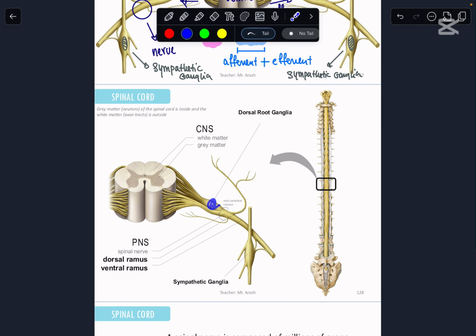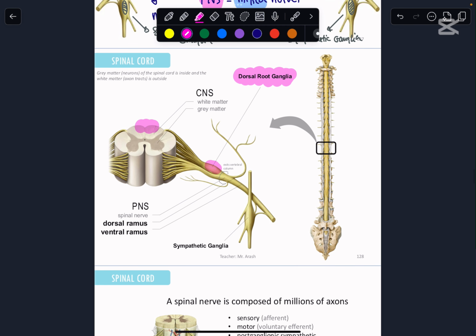First of all, as you can see, they're showing a dorsal root ganglia here, which I already did for you. Again, that's the dorsal part, which basically goes in the backside. You don't need to know about dorsal ramus and ventral ramus. So whatever I highlight, guys, try to memorize that. And then, of course, we have sympathetic ganglia.